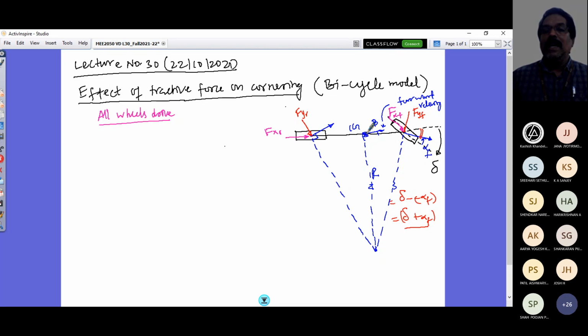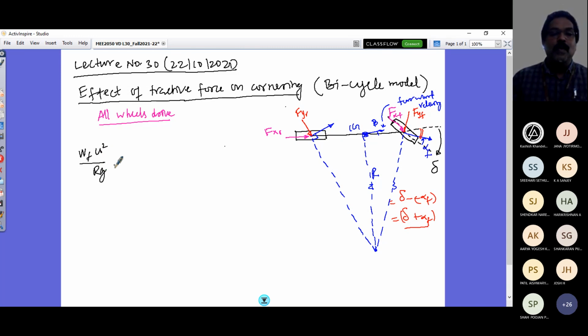Governing equations are here. In the front axle there is a load, and in the rear axle there is a load. So there will be a centripetal force from the front axle, and that would be equal to the balancing component of forces along the direction. So let me write the first equation, WF into U square by RG.